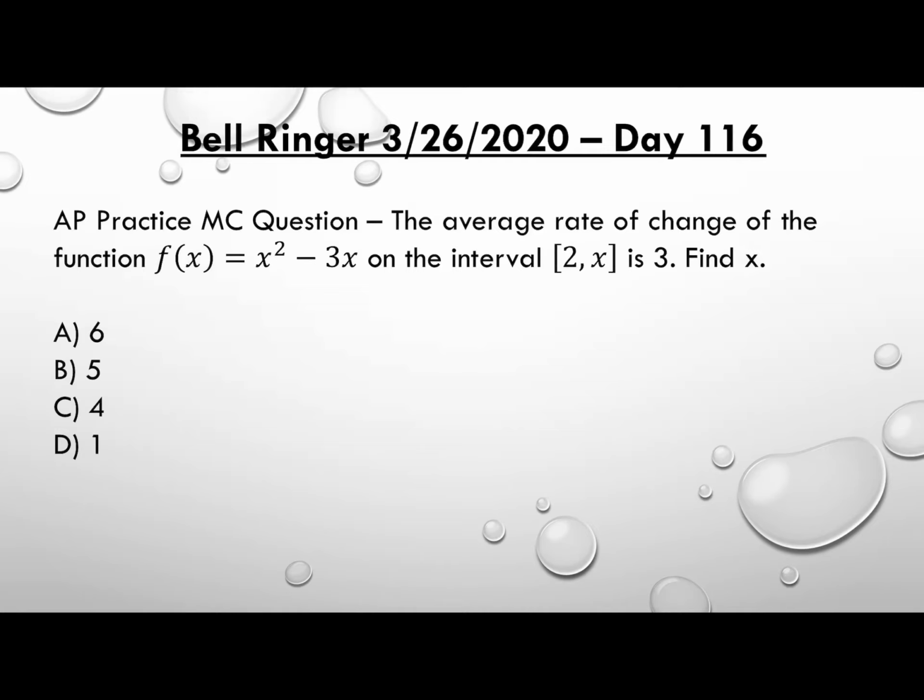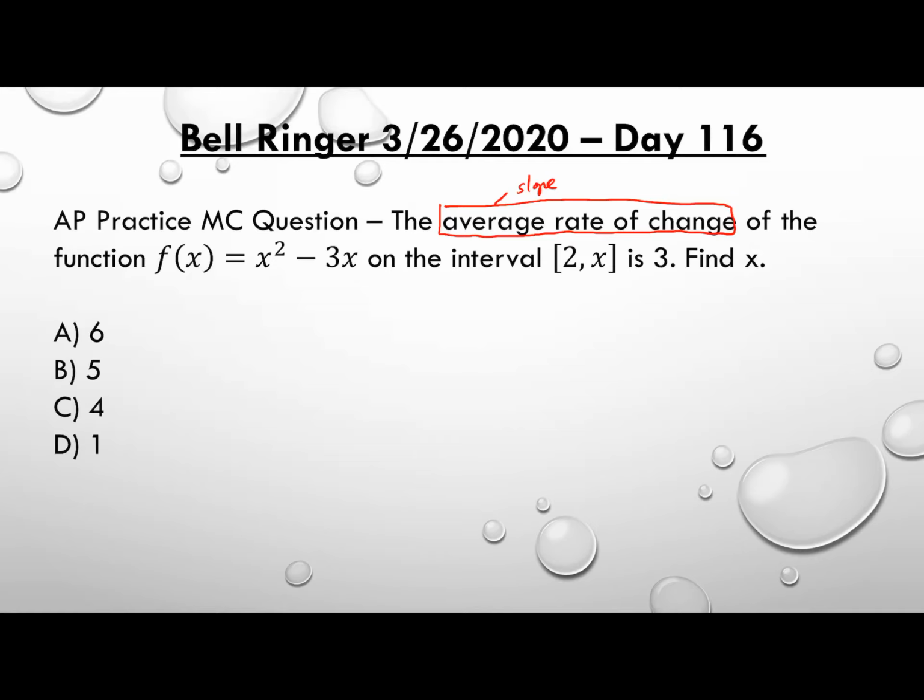This actually ties to just being able to remember how to find the average rate of change. Whenever you see that term in a question, and I hope you think about this already because of the key word here, rate of change, you want to think of slope.